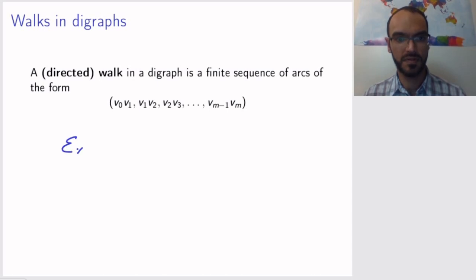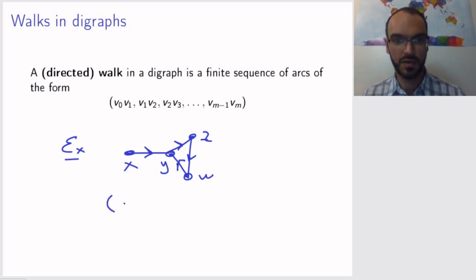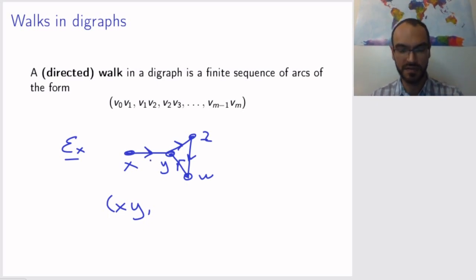So, for example, if you have a digraph like this, say, so I have X, Y, Z, and W, then I can walk from X to Y. Now, really, the order is important.